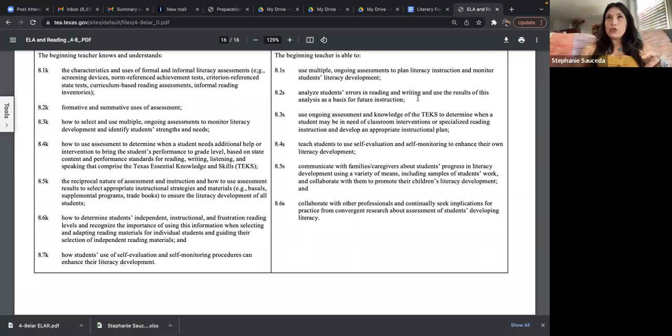So making sure that you're identifying their weaknesses so that you can plan to either reteach those or find different ways to strengthen and support those weaknesses.